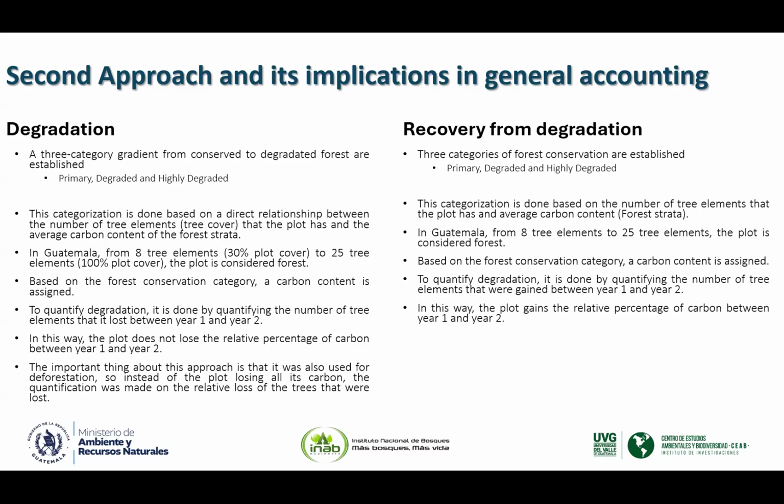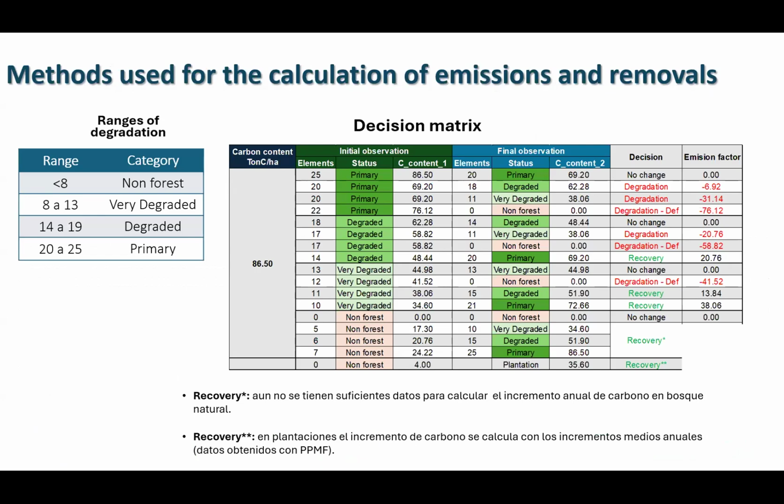And how we apply this for the more than 11,000 plots, we use this decision matrix, where we see the initial observation with the tree elements, and its status: primary, degraded, very degraded, and the carbon content.